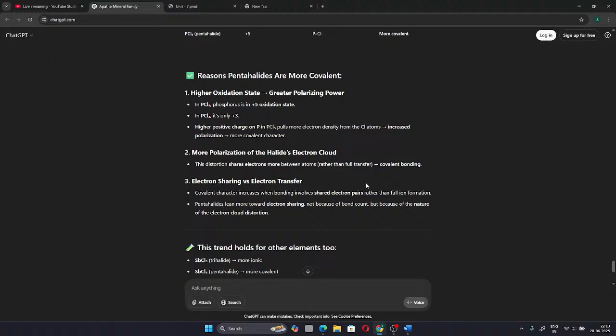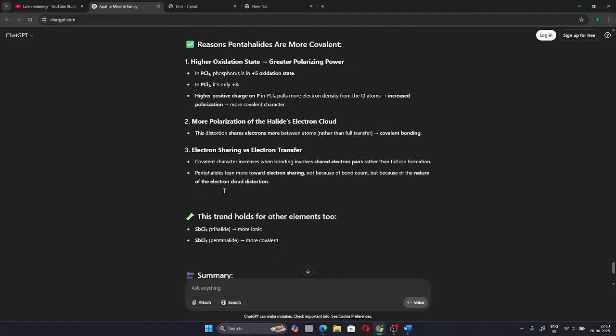Okay, electron sharing versus electron transfer. Pentahalides lean more toward electron sharing, not because of bond count but because of the nature of the electron cloud distortion.